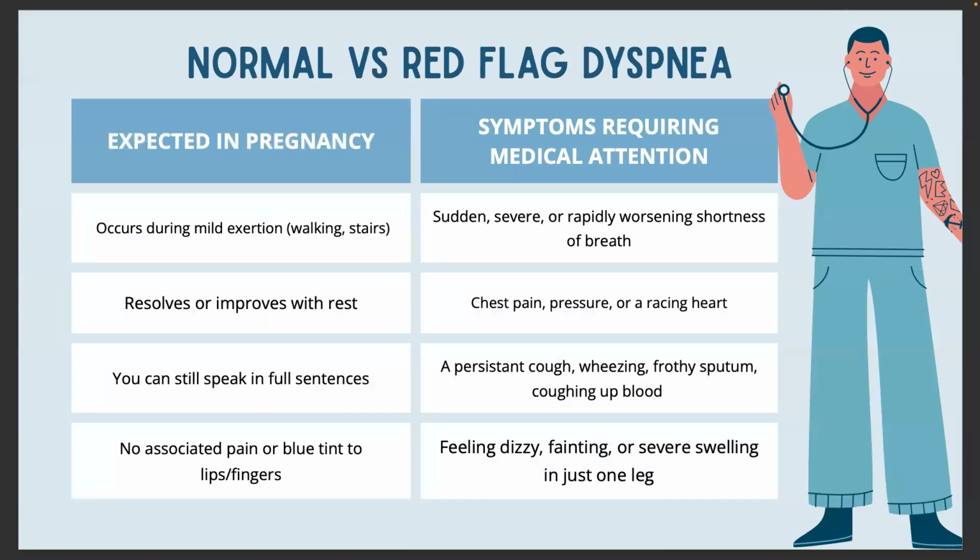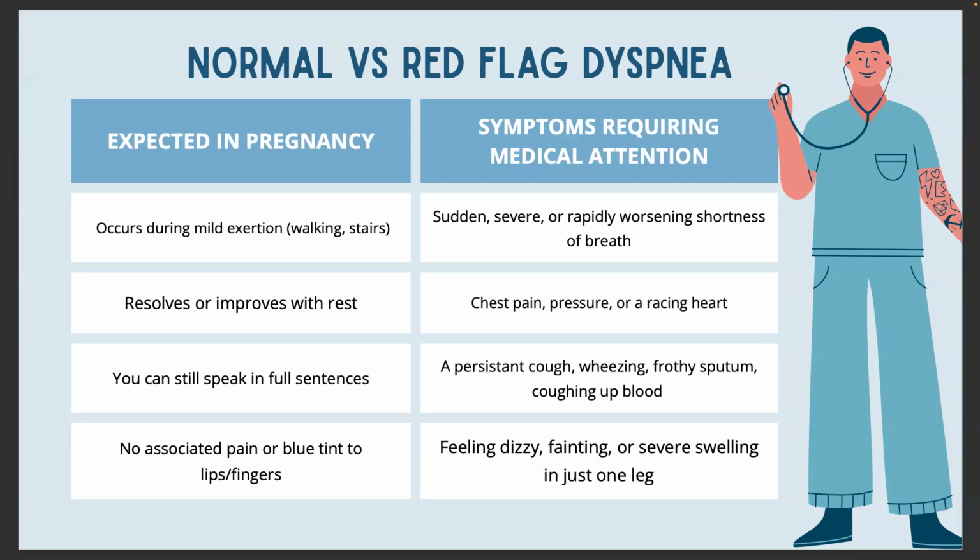Now, there are some normal versus red flag dyspneas in pregnancy. One of the biggest things to remember here is that pregnancy is a pro-clot, high volume, high demand state, okay? So symptoms that seem like they're just dyspnea can actually be a PE, a DVT, cardiac strain, or respiratory failure, and they progress a whole lot faster in pregnant women.